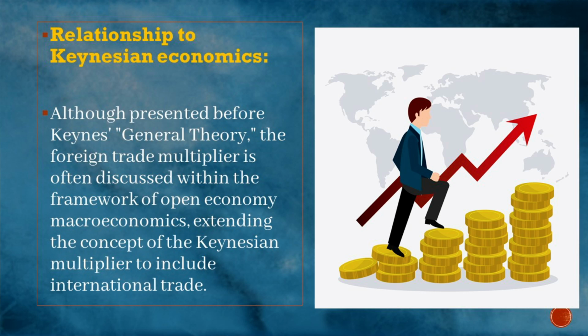Then they spend, and once it is spent, another set of people receive that money, and then they spend. So it keeps going on in a virtuous cycle. And foreign trade multiplier involves a similar concept, except that this is applicable for a framework of open economy macroeconomics. So it basically extends the Keynesian multiplier concept to include international trade.